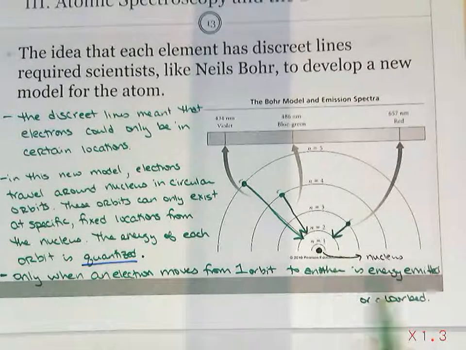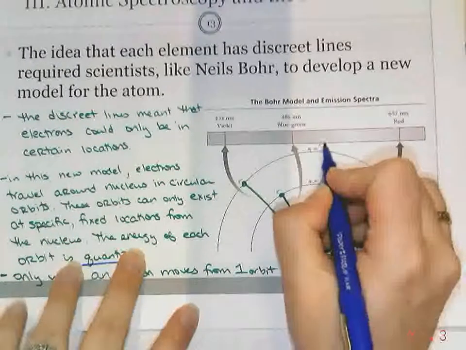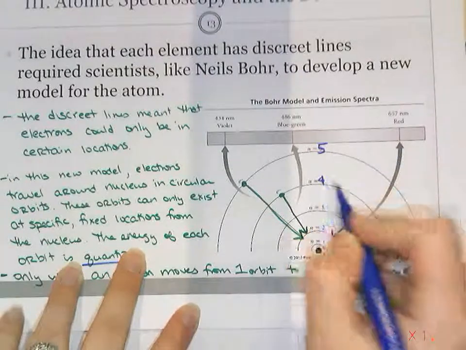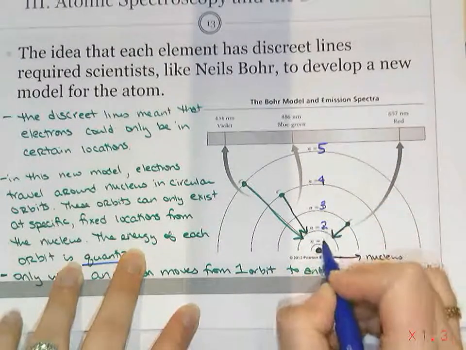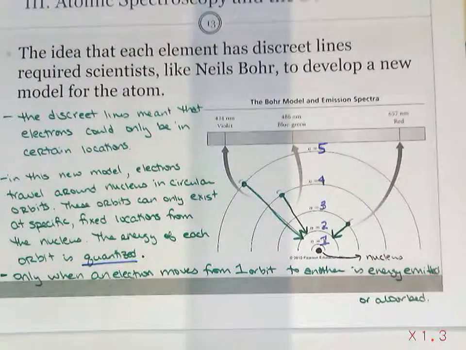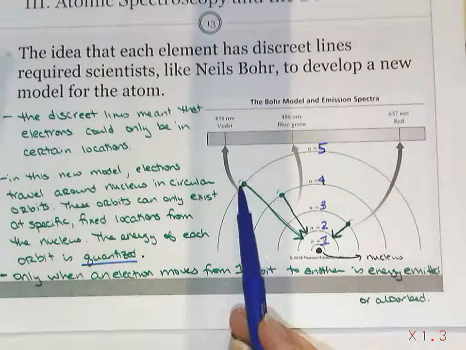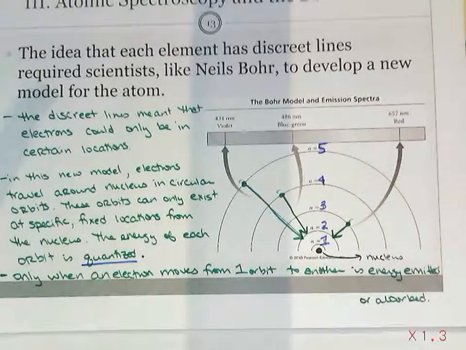If you can't see this real well, this is 5, 4, 3, 2, 1. I have this first electron that's traveling 5 to 1, this one traveling 4 to 1, and this one traveling 2 to 1.